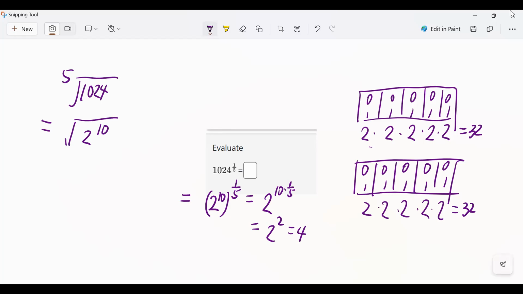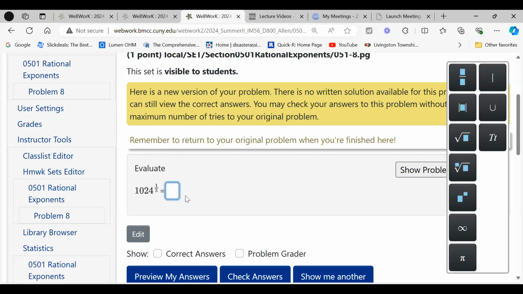We're going to do 2 to the 10 over 5. That's another 2 to the 2nd. So totally up to you, whichever you feel is easier to tackle the problem, you use that. So here the answer is 4.